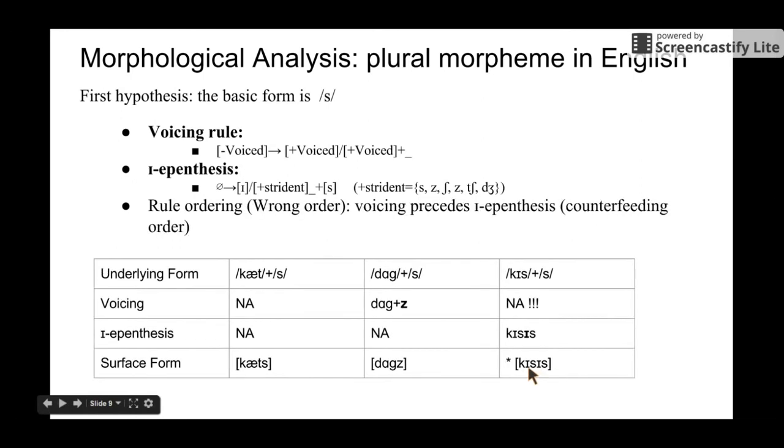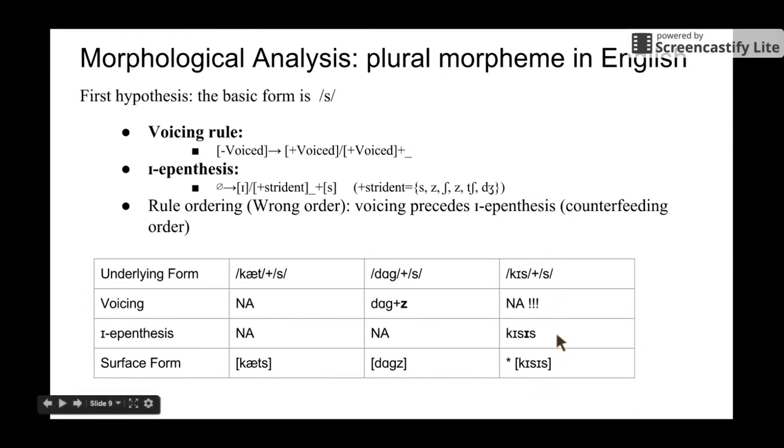Okay. Now we can consider the alternative order. But this is the wrong order. If we have the voicing rule precede the vowel insertion rule, what do we have? Okay, the first two, we don't have any problem for. Actually, we can still derive the right form.